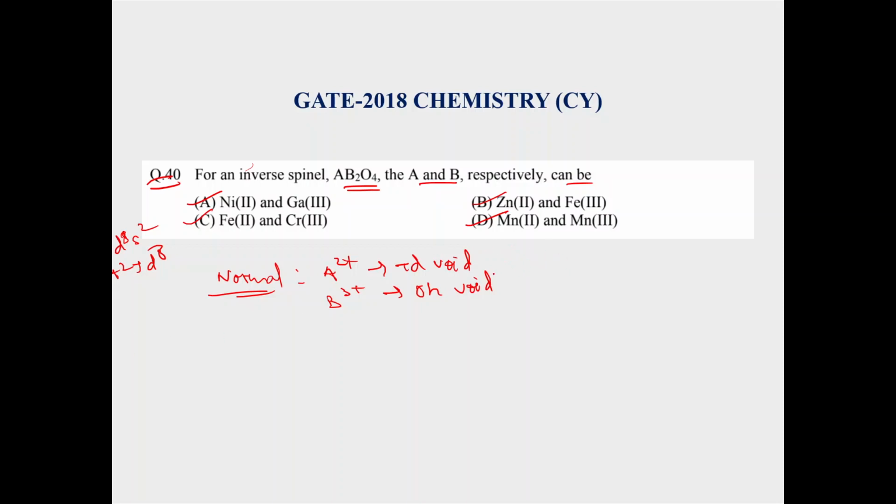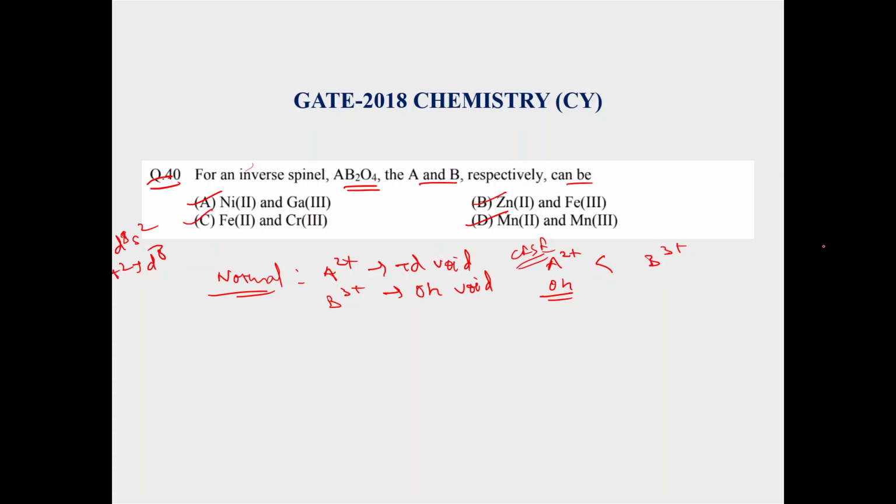And how we can find out? We can find this thing through CFSE calculation. So if A2 plus CFSE in octahedral crystal field is less than B3 plus crystal field stabilization, CFSE means crystal field stabilization energy.